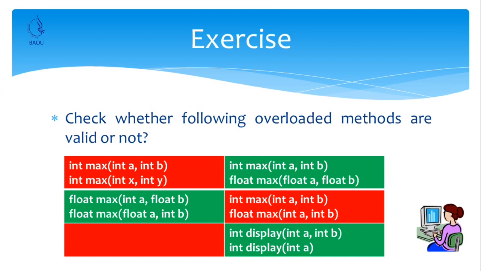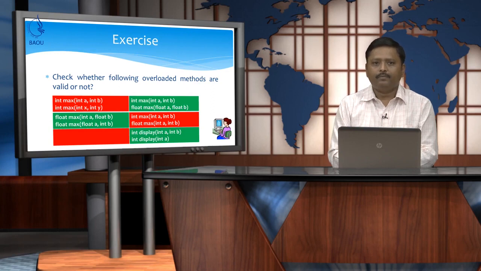The reason is that you can have a different parameter type or a different number of parameters. Here the parameters are the same and of the same type. So, this is not valid even though the argument names are different, because that does not make any sense.